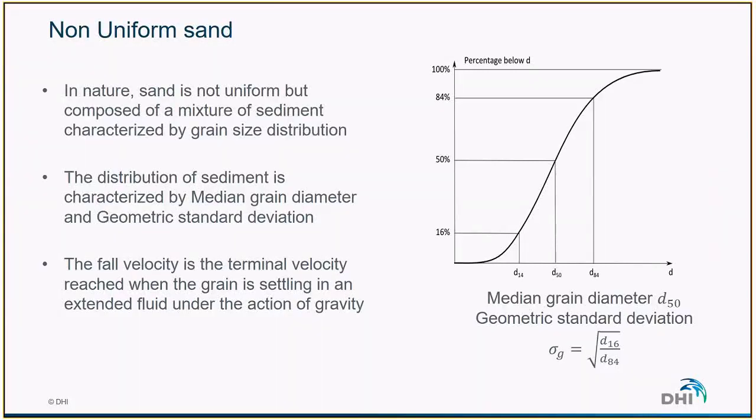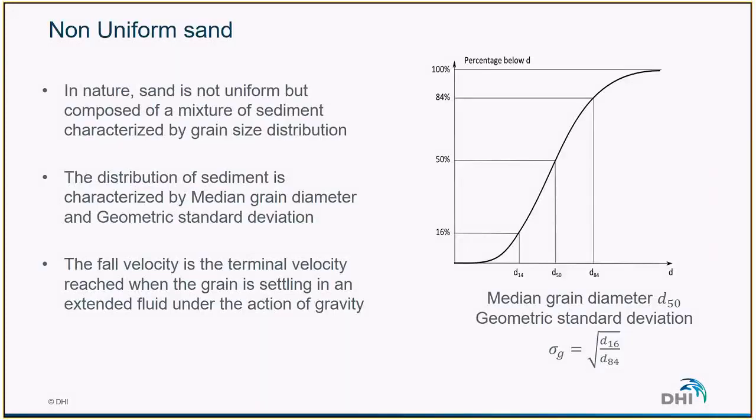Distribution is typically determined by a sieve analysis, which provides a frequency curve. So depending on the size of the sieve, we can have a certain percentage of the sand that is lower. And this provides important parameters for the sand, such as median grain diameter and the geometric standard deviation.